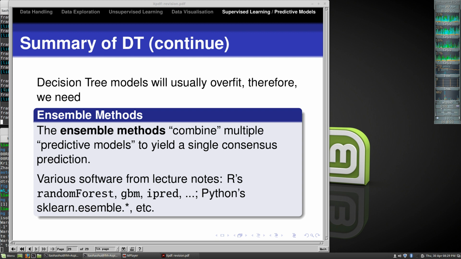So there are small questions, which are 1 or 2 marks maximum, which ask you to compare various methods and state what the differences and similarities between methods are.